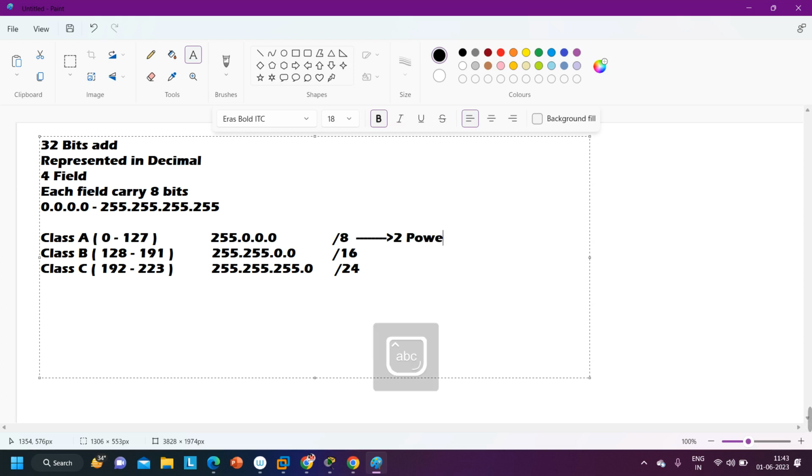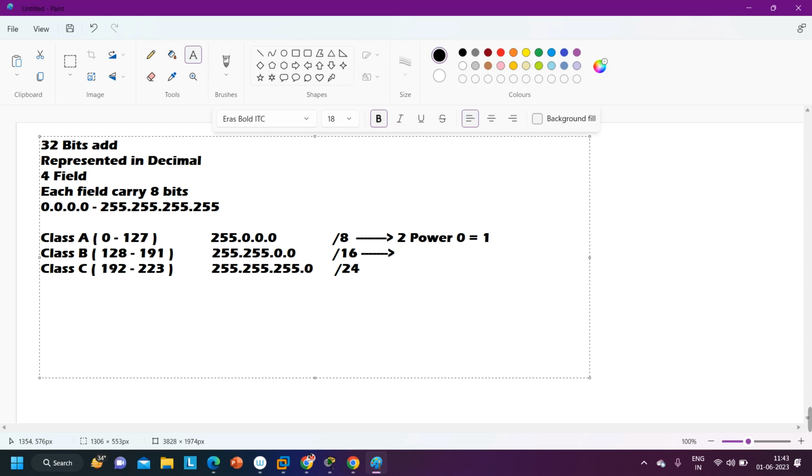By default we have not borrowed any bit from the neighbor. That means the number of borrowed bits is 0. 2 to the power 0 will be 1. That means by default in each class there is only one subnetwork, not network, meaning subnetted network, right?